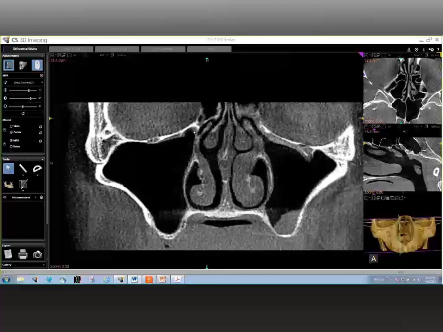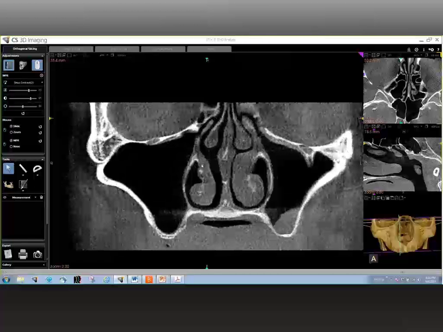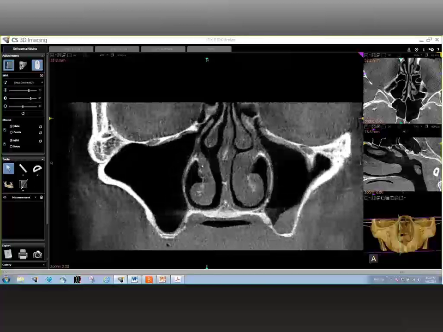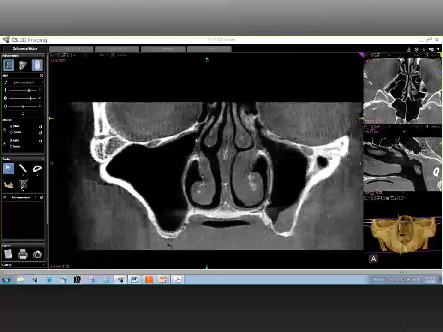And then you have the medial wall of the sinus. Now, the medial wall of the sinus does not seem to be continuous because it is actually a very paper-thin wall, and some parts of it may not be captured by scanning. But those are the most important anatomical structures that you see. Now, besides that, if you look carefully, it also demonstrates a very important structure that is called the ostium.